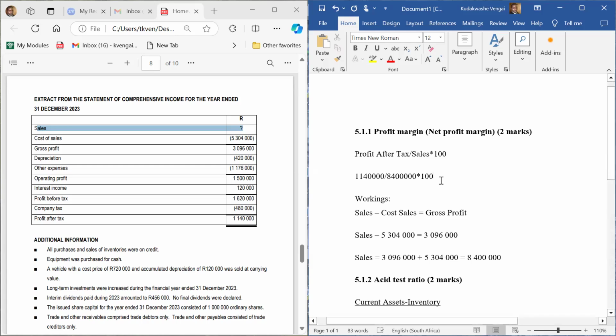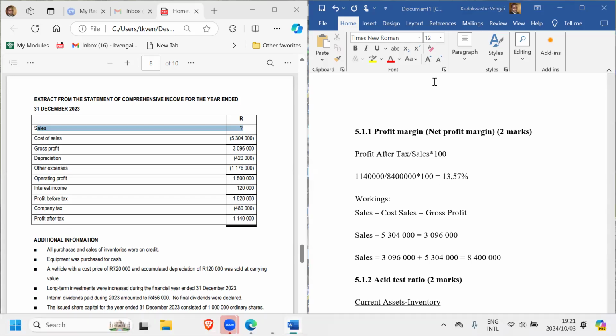And then if I calculate that, what answer do I get? 1,140,000 divided by 8,400,000 multiplied by 100. I get an answer of 13.57%.